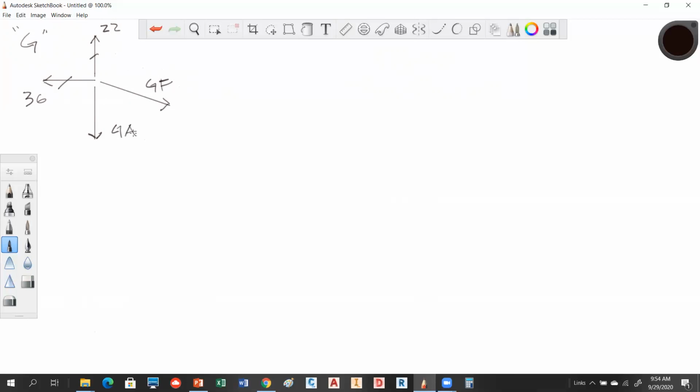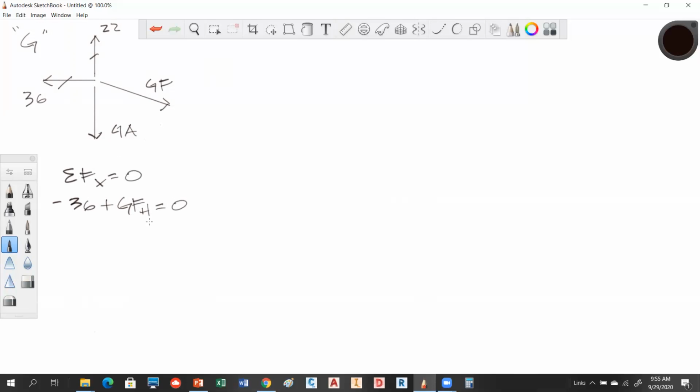Now, in joints, remember, we only have two equations, sum of forces in X and sum of forces in Y. And if we can't solve it with that, we're done. So let's see what happens. We're not done with the problem, we're just done with that joint, okay? So in X, we have minus 36 plus GF horizontal equals 0.